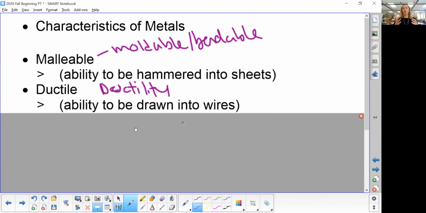So if you think of copper wire or aluminum wire, or a gold necklace in chain form, even silver, copper, zinc, a lot of metals are ductile, and so they can be pulled into thin strips and be woven into wires. So they have super flexibility, okay?